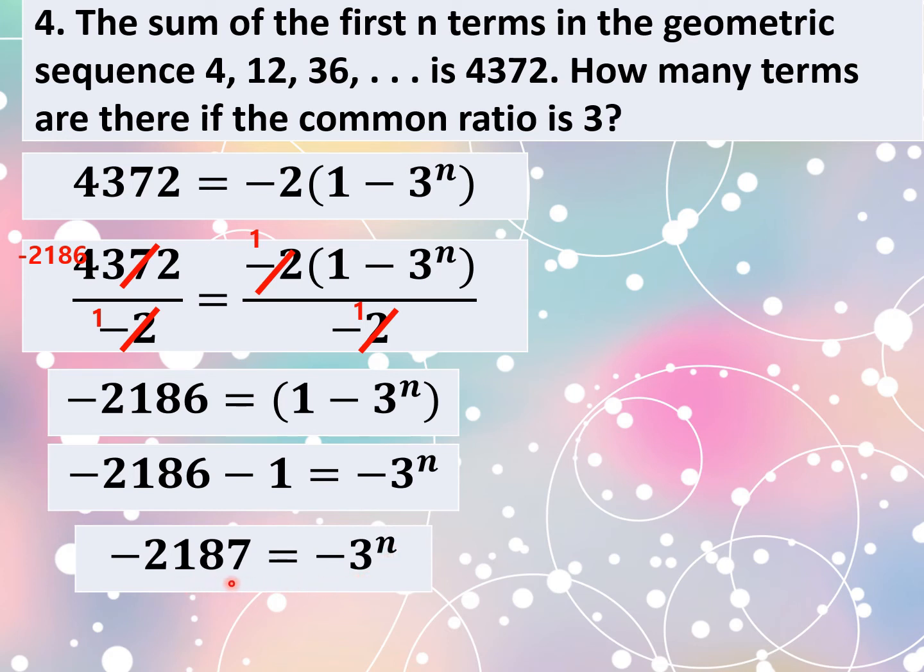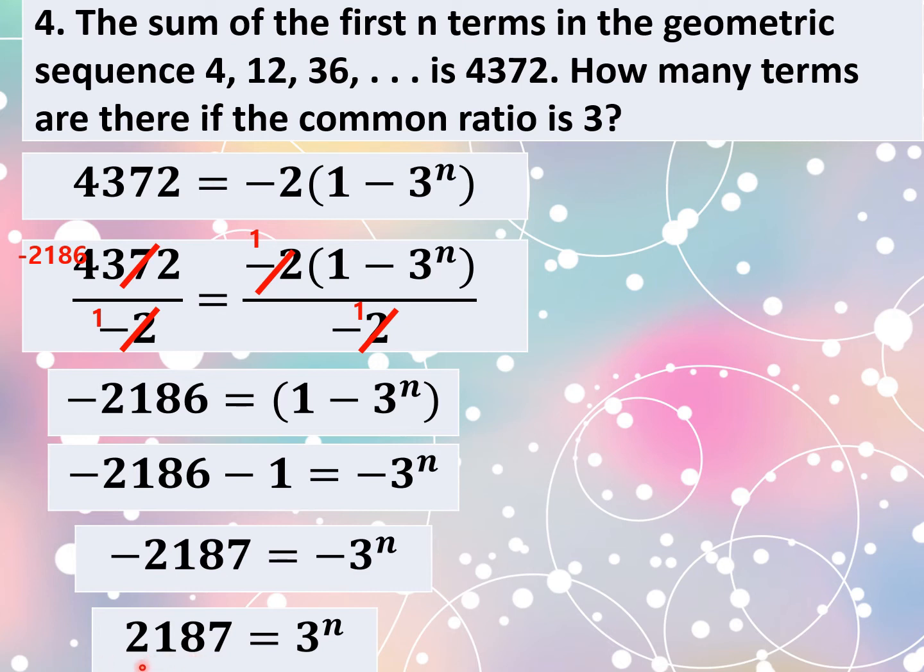And then, we need to multiply both sides by negative 1 para ma-remove natin yung negative sign sa right side. So, that will be 2,187 equals 3 raised to n. And then, we need to make 2,187 base of 3. So, gagawin natin siyang base 3.